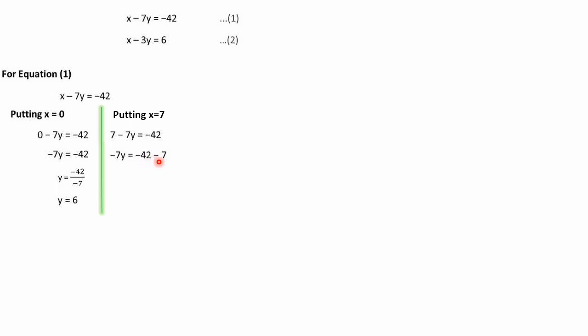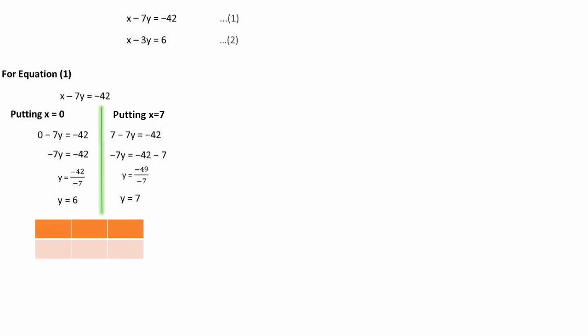So minus 42 minus 7 gives minus 49. And from here, to calculate y, we bring minus 7 to the right side. It comes as divided by minus 7. So minus 49 divided by minus 7. So y is equal to 49 by 7, and when we cancel, we get 7. Y is equal to 7. So when x takes the value 7, we get y as 7.